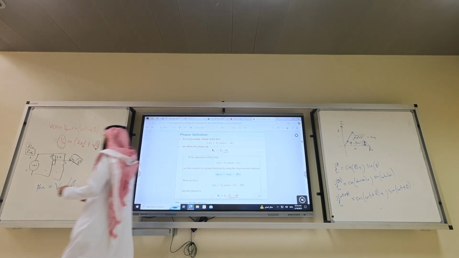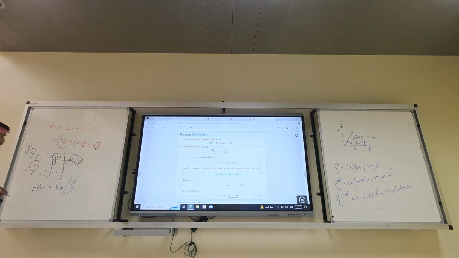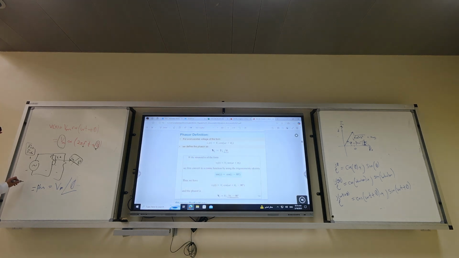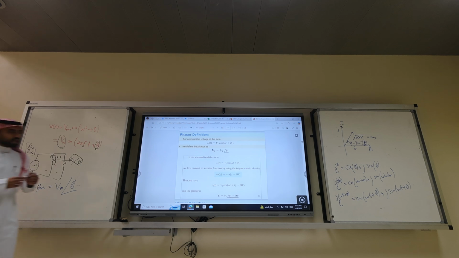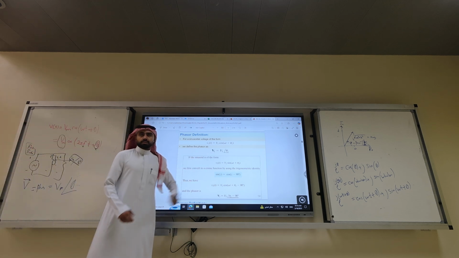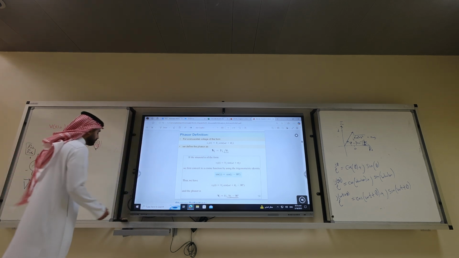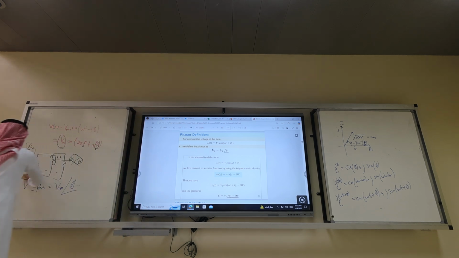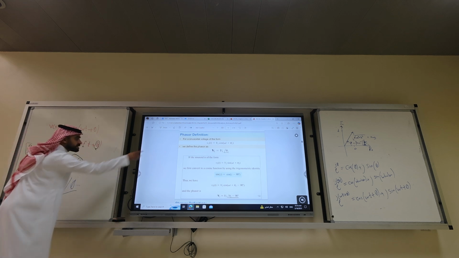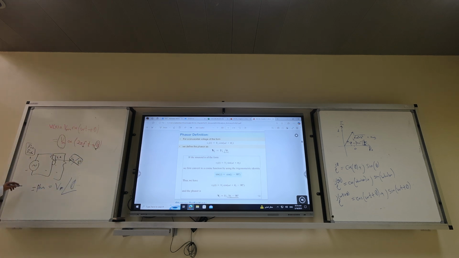The phasor can be written as bold, but because I'm writing on the board, I'm going to put an arrow instead of bold, meaning phasor. In the slides it's bold, it's a phasor, but maybe I can call it V with a hat.